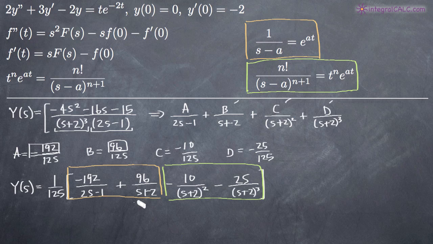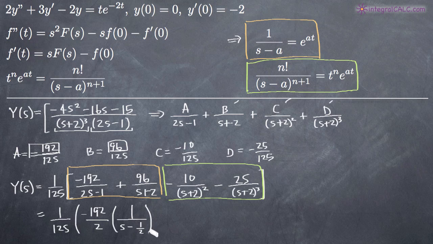So in order to do that, we need to make each of these fractions into the same format as the formulas were given. So let's focus on the first two with this formula here for 1 over s minus a. So as you can see, 1 over 125. Essentially, if we factored out this negative 192, and in the denominator here, if we factored out a 2, right, then that would be multiplied by 1 over, the 2 is factored out in the denominator, so we're actually going to get s minus 1/2.